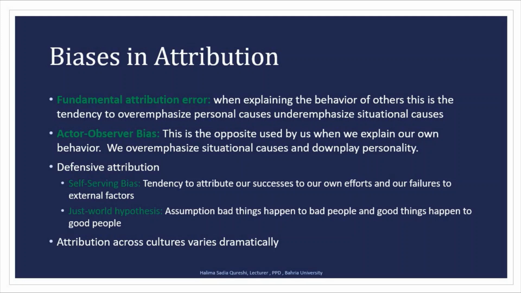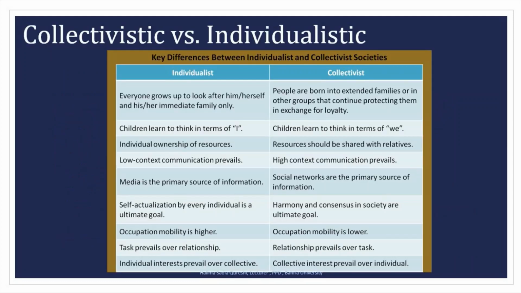And when we talk about attribution bias, it occurs in cultures, and it varies dramatically as well. For example, collectivistic and individualistic cultures are two different cultures with two different domains and two different principles on which they work. So when we are discussing these two cultures, attribution plays out differently.